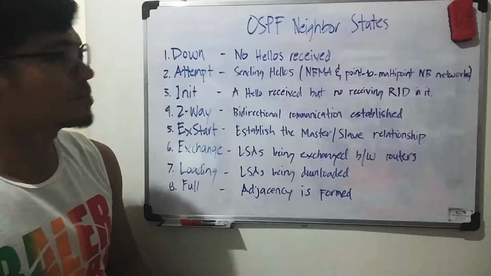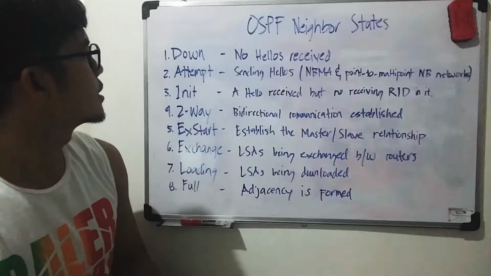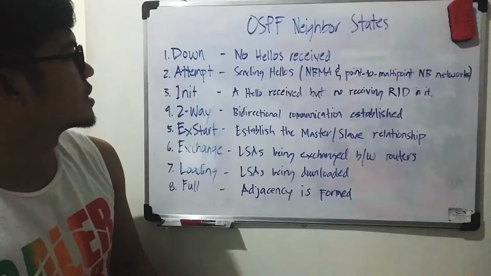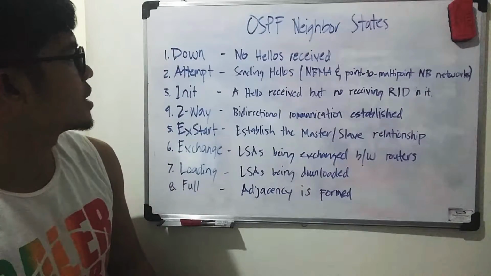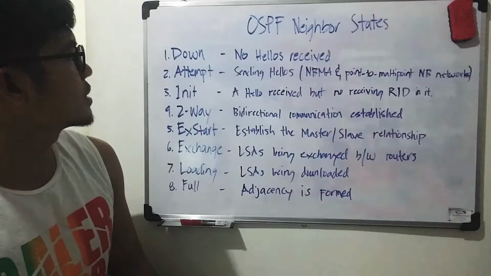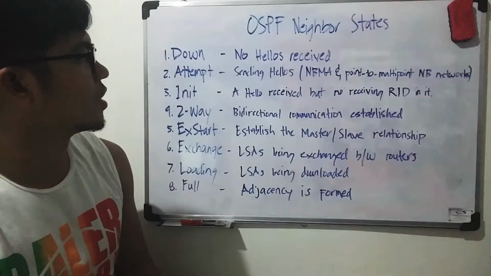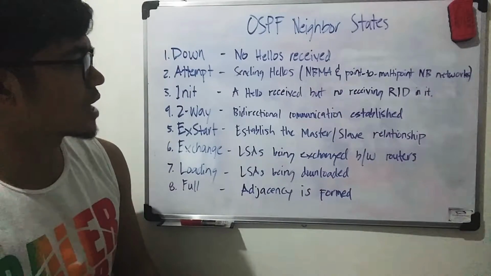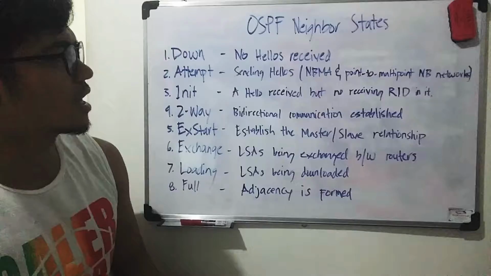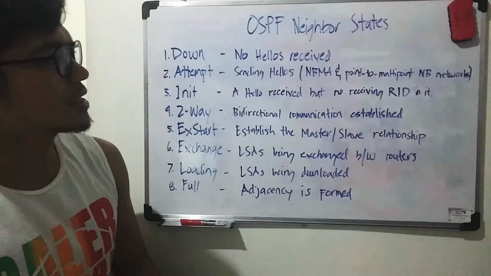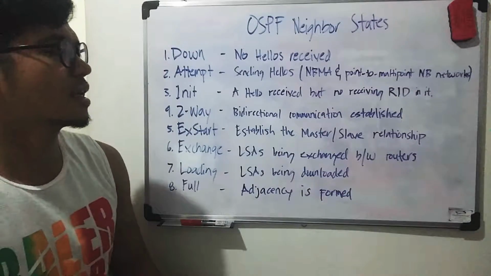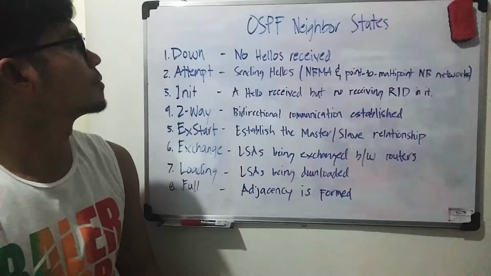Number 2 is attempt. This is only a state that is valid on non-broadcast multi-access and point-to-multipoint non-broadcast networks.